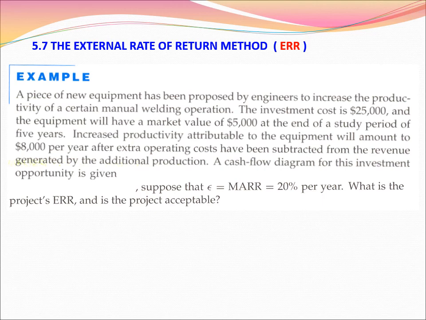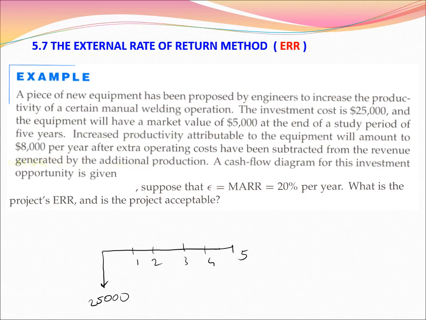Let's solve this same example that we already solved with the IRR method. Let's solve it using the external rate of return to understand it better. Again, what is the example? It says that we have an initial investment at time 0, which is $25,000. And the useful lifetime is 5 years.